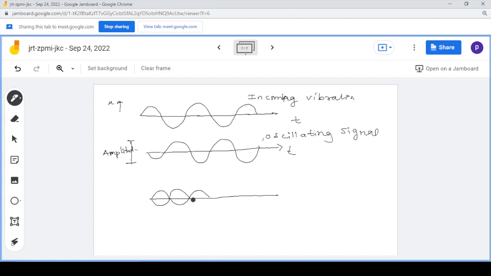In this way, we can see that the incoming vibration and the oscillating signal are opposing in nature. So we can call this oscillating signal the cancellation signal.